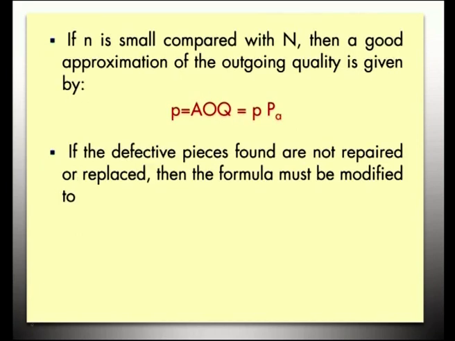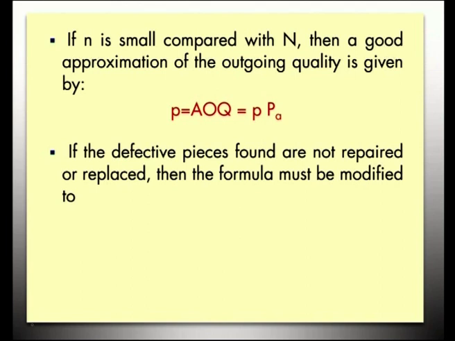If n is small compared with capital N, then a good approximation of the outgoing quality is given as follows. When n is small, then (capital N minus n) by N is close to 1.